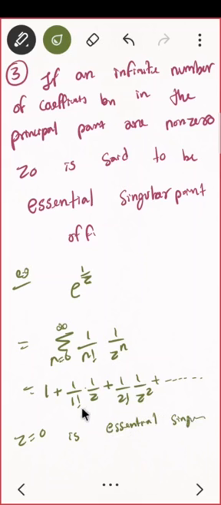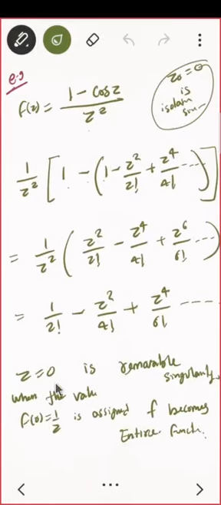So you will see that z = 0 is an essential singularity. What is the residue? Residue is the coefficient of 1 by z, that is 1. And observe one thing: in the case of removable singularity, what is the residue? Do you see there is no term of 1 by z, so the residue is 0 here.